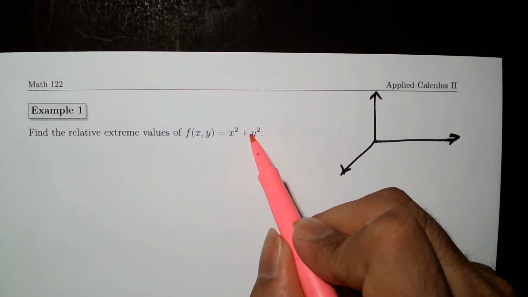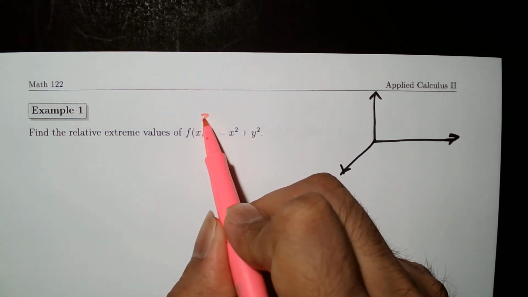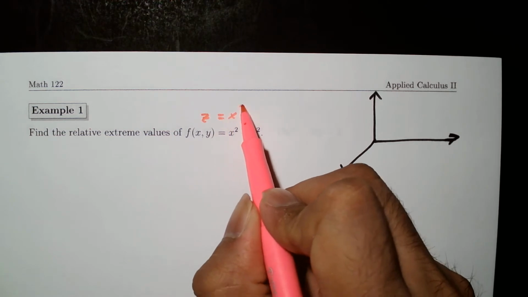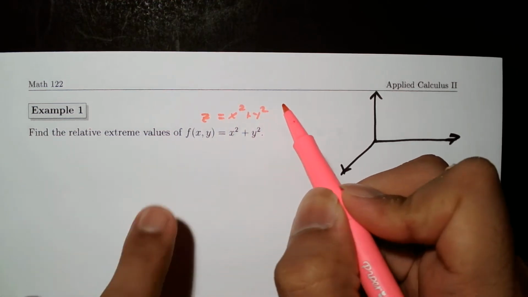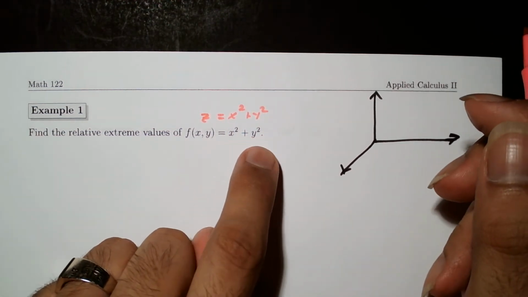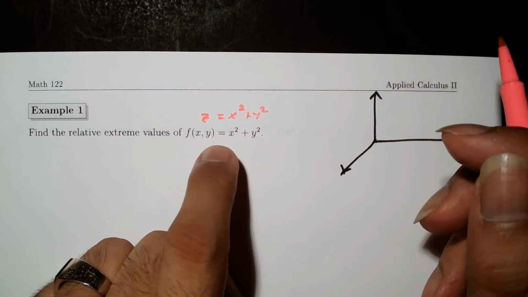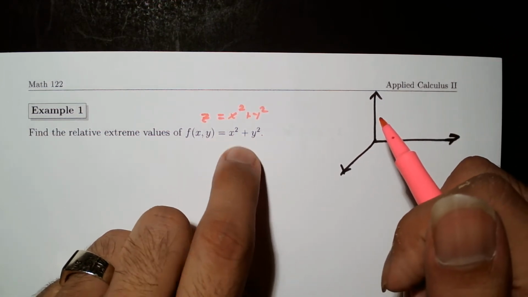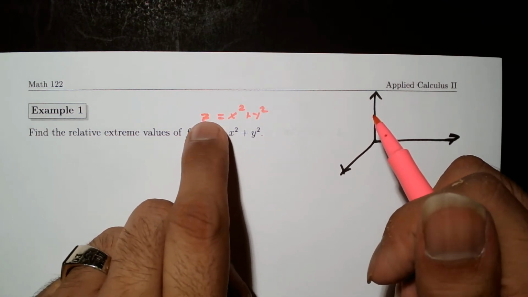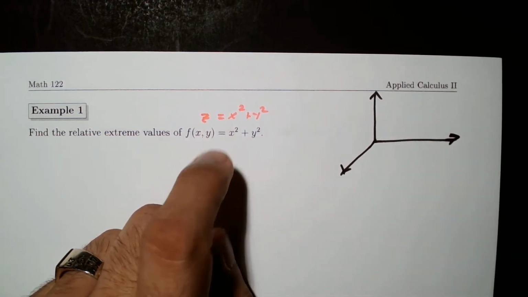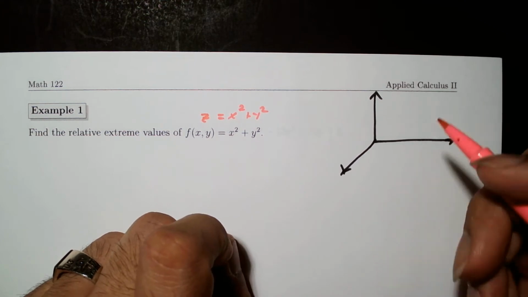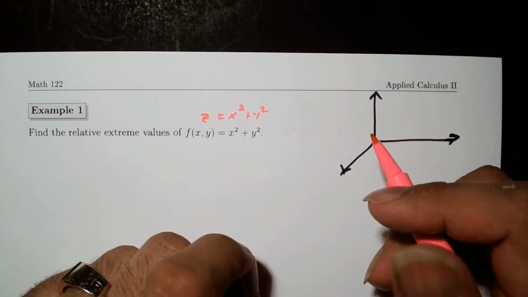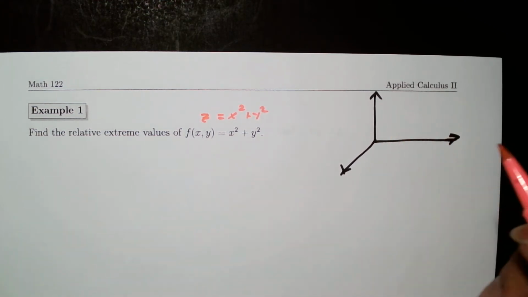Suppose this is z equals x squared plus y squared. When we have a function that depends on x and y, the input is an ordered pair and the output is a number, which in this case is graphed in the z direction.